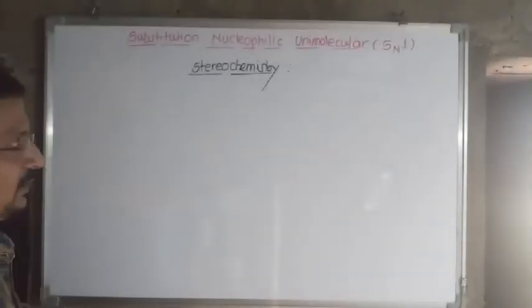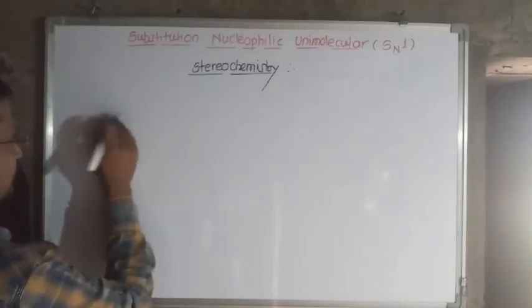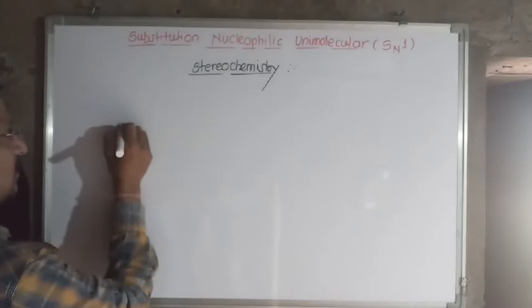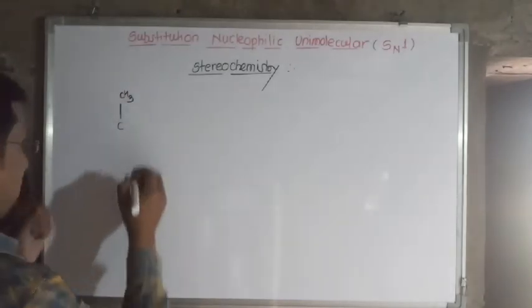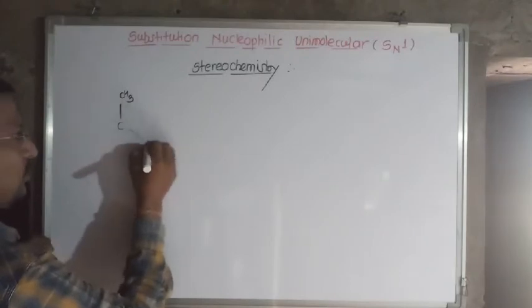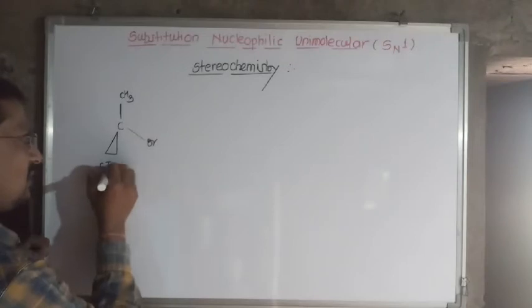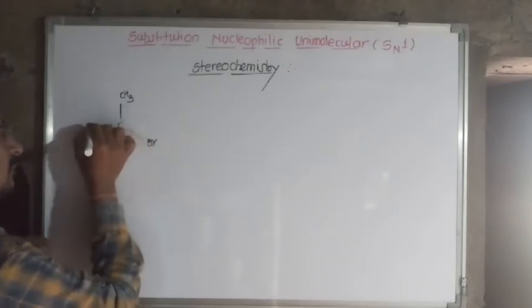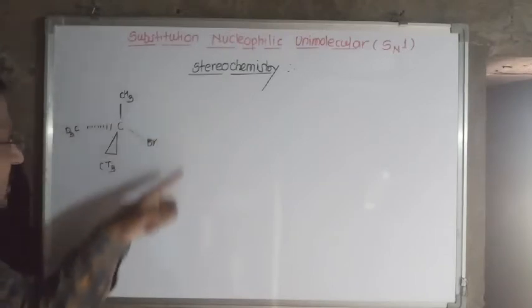Now for this purpose, let me take an example. Suppose a carbon is there, CH3 is there, bromine is there, CT3 is there, and CD3 is there. So this is the chiral carbon atom.